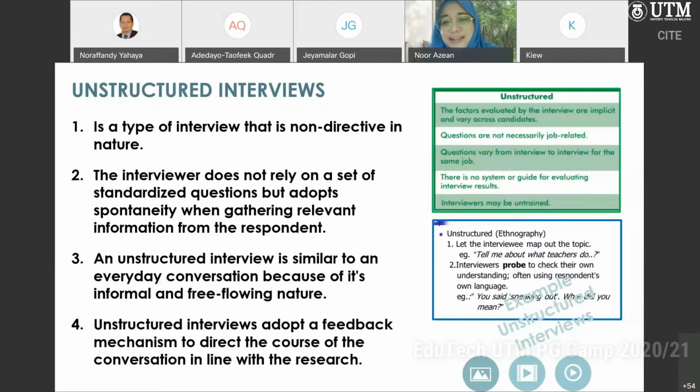If you look at the right side here, on the green part, for example, the factors evaluated by the interview are implicit and vary across candidates. Questions are not necessarily job related.